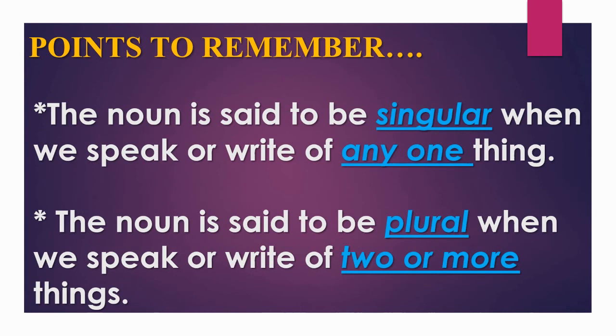Points to remember. Number 1. The noun is said to be singular when we speak or write of any one thing. Number 2. The noun is said to be plural when we speak or write of two or more things.